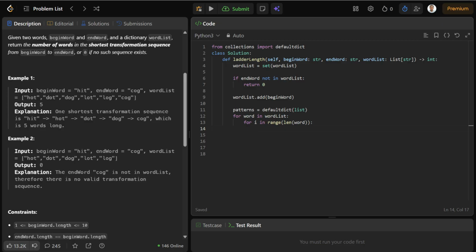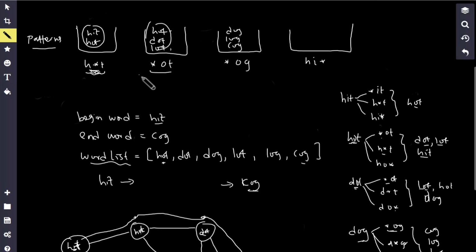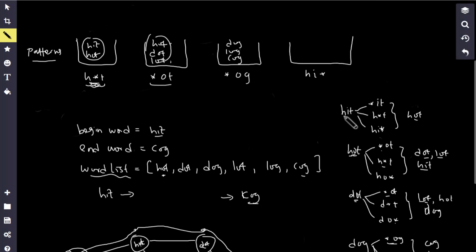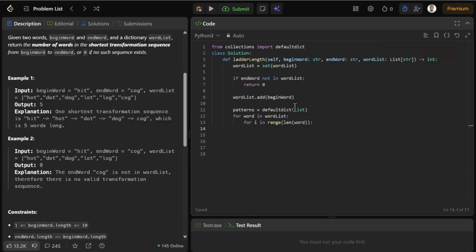Now, imagine I have the word hit. I want to be able to generate this set of strings here. These strings would form my key, because these strings are hashable, so I can make it a key. To do that, here is a trick.